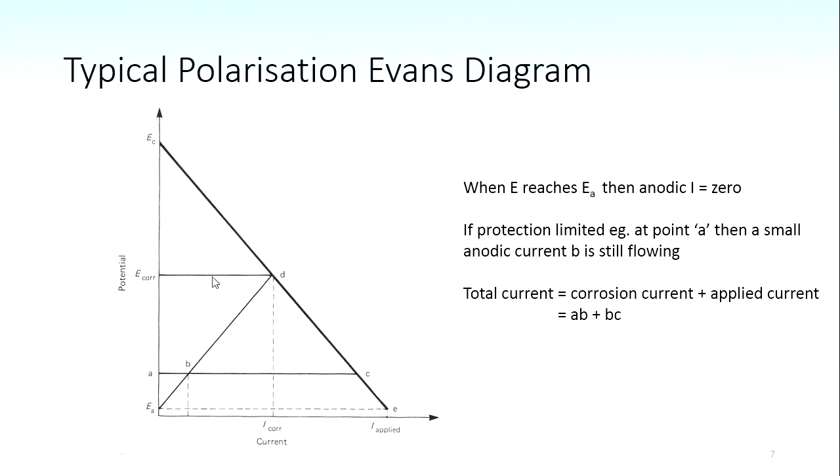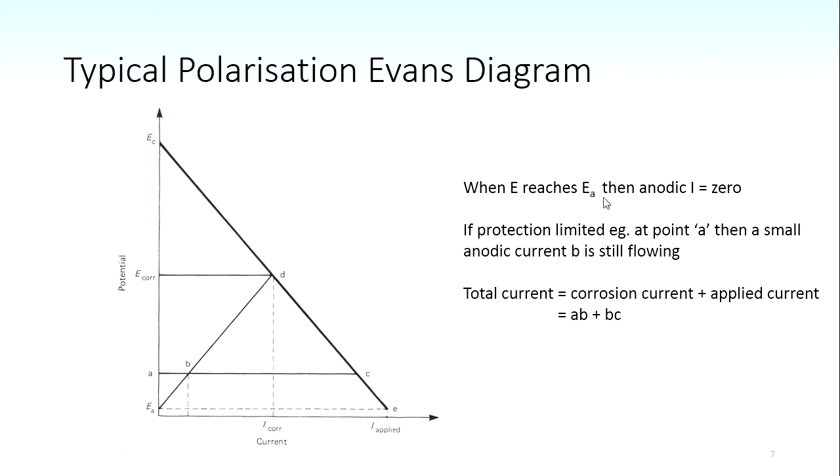If you then move the potential down to A, then a current B is still flowing, that dashed line there. And so you've still got some anodic current, which is given by the length AB, plus an applied current, which is given by BC.